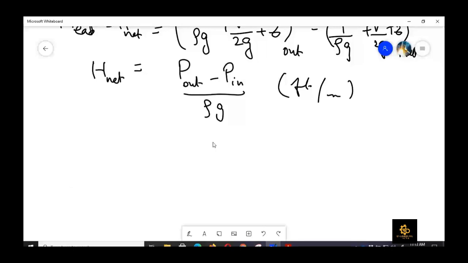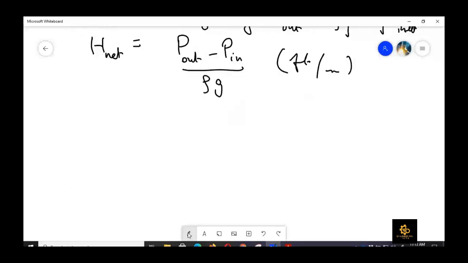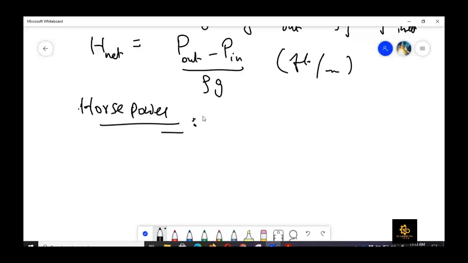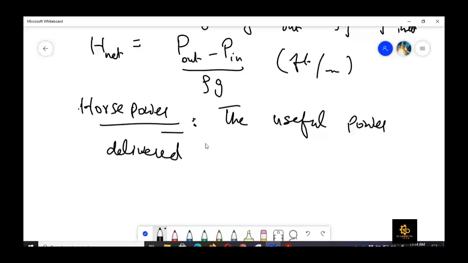The first parameter in case of power is what we call water horsepower or fluid horsepower. We just call it horsepower. Horsepower is the useful power delivered to the fluid, and we call it WHP, or water horsepower.